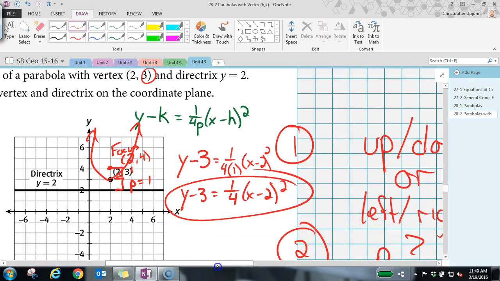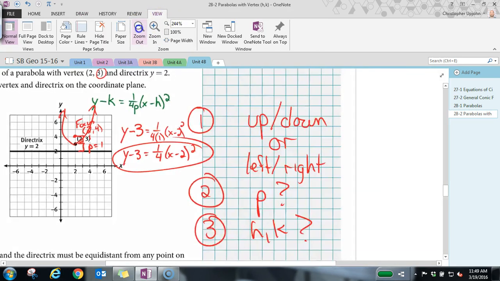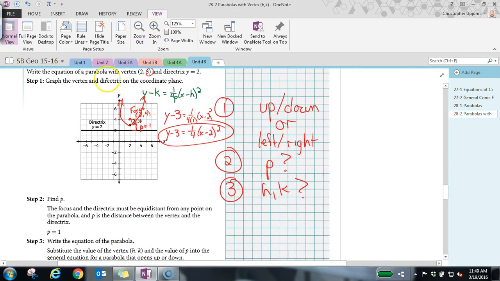So, if we're looking at this problem: write the equation of the parabola with vertex 2, 3 and the directrix y equals 2. So y equals 2 is horizontal, so we're going to have a y equals equation. Our vertex is 2, 3, so that's my h and my k, so I'm just going to plug stuff in. So y minus k, my k is 3, so y minus 3, equals 1/4. Now we have to find our p value.